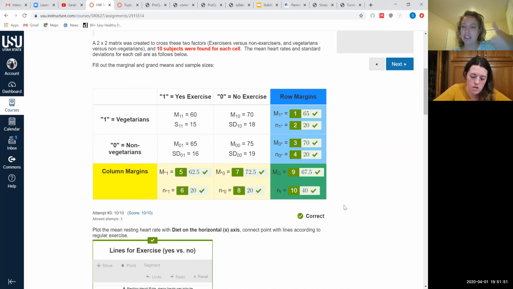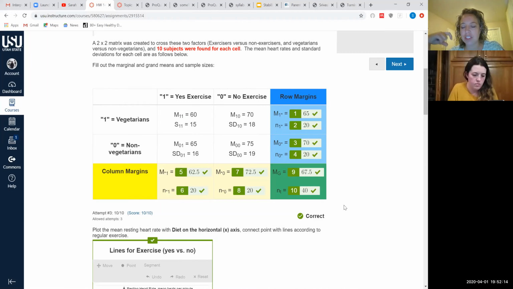So first you take the 65, the first row's average, minus the 67.5, and square. That's 6.25. And then you do the other group, the non-vegetarians, that second row, whose average is 70.